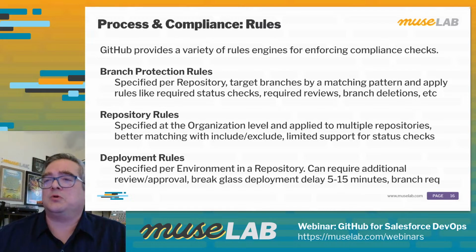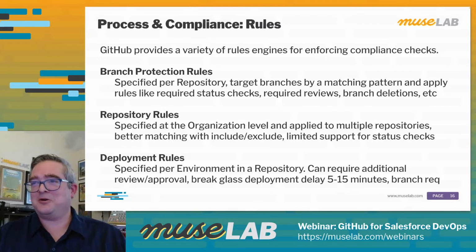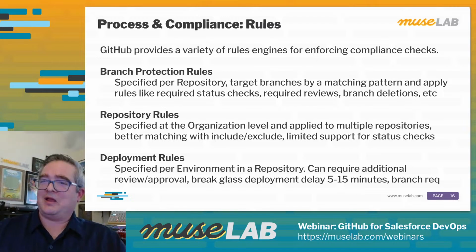And so repository rules are defined at the organization level and then related to multiple repositories. They have a better matching pattern for matching branch names that has include and exclude. So you can get a lot more granular with your targeting of branch names.